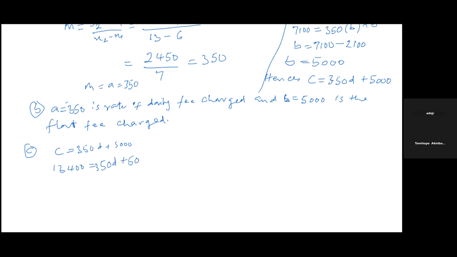So make 350 D the subject. That will be 13,400 minus 5,000. That gives what? 8,400. So divide both sides by 350.